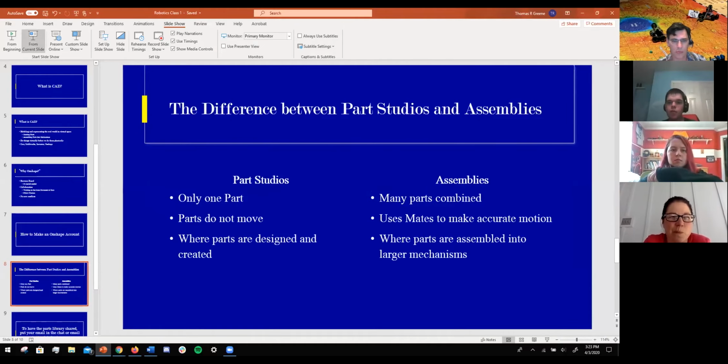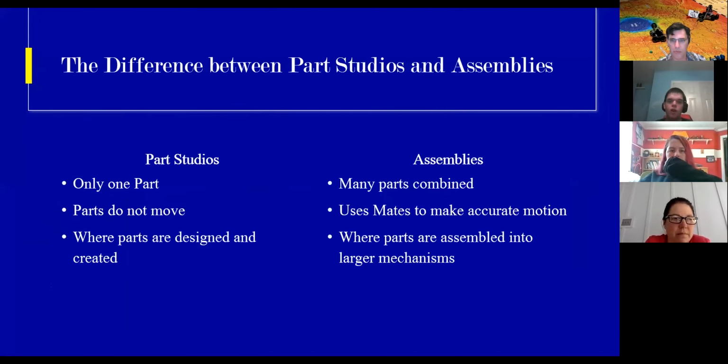But to sum up, part studios are where you create parts. They're a single part sometimes. Sometimes you have imported things or it's technically multiple, but even if you have multiple parts, they don't move around each other. There's no gears moving, no wheels turning. It's where parts are designed and created.